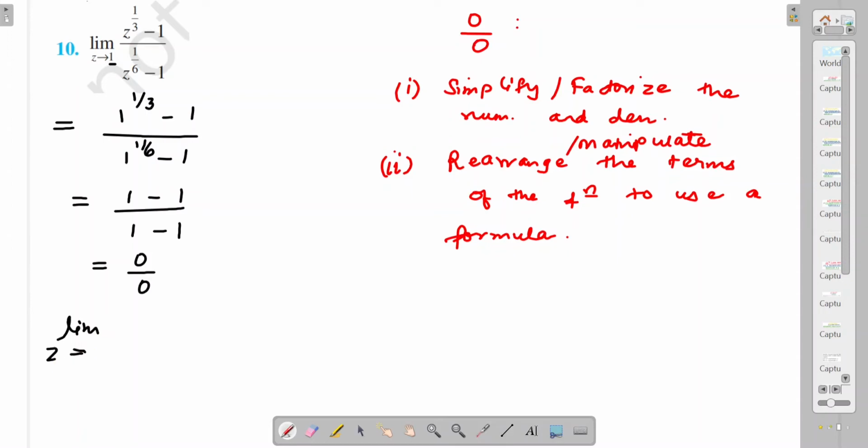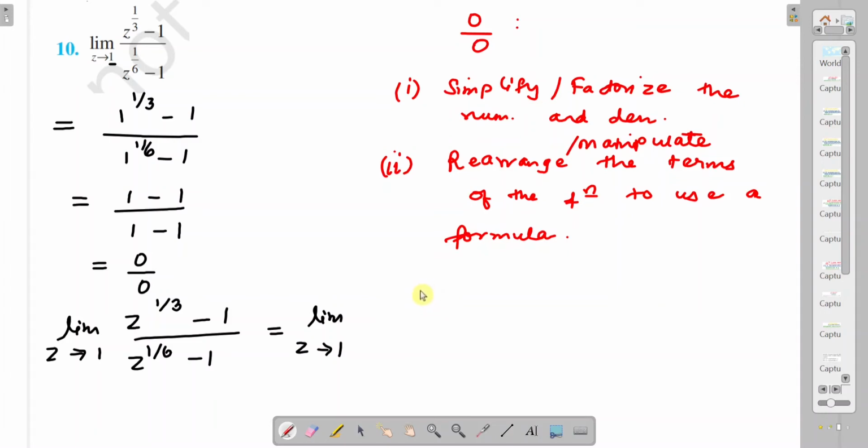So limit z tends to 1, z raised to 1 by 3 minus 1 divided by z raised to 1 by 6 minus 1. This will be equal to limit z tends to 1. Now what I will do here is I will multiply and divide by z minus 1.